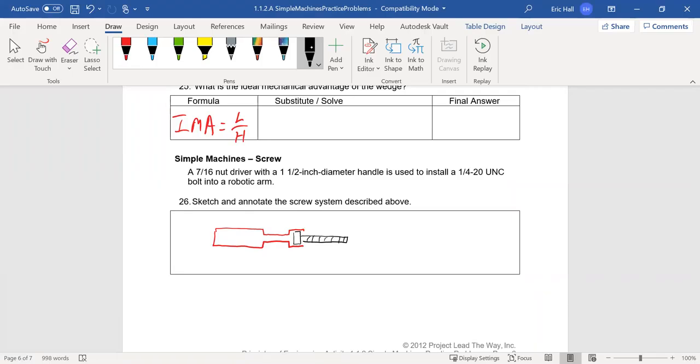They're saying that this diameter from here to here is 1.5 inches, and the threads per inch is right here, which is 20. Those are the important dimensions, because for your circumference you're going to use your 1.5, and for your threads per inch, or your pitch, you're going to use your 20 as you go down here.